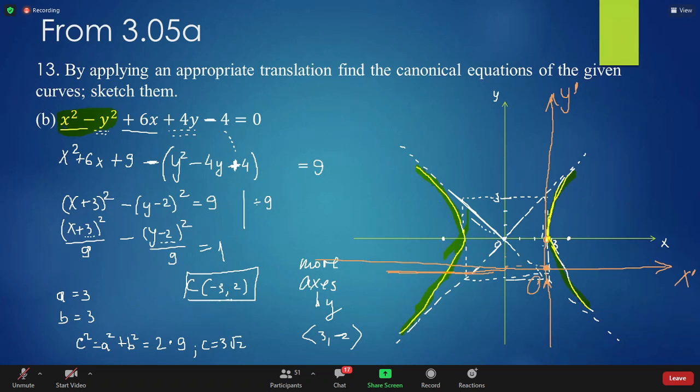Although what we actually did was move the system of coordinates. The frame of reference has been moved, but at the same time, we can perceive it as if the hyperbola has moved to the correct position now. So this is how we generally deal with these translations, that is, a shift by a certain vector.